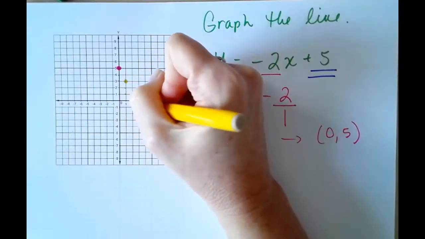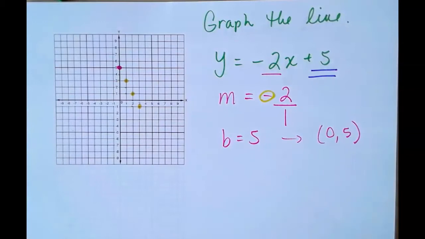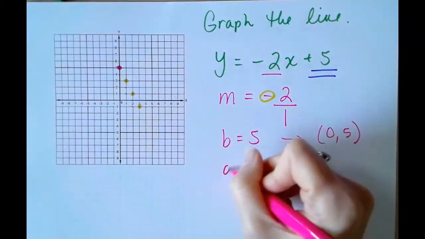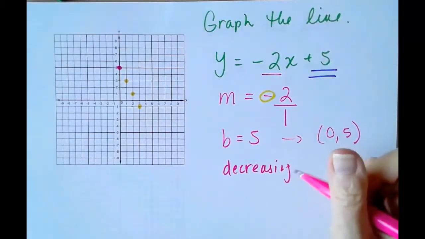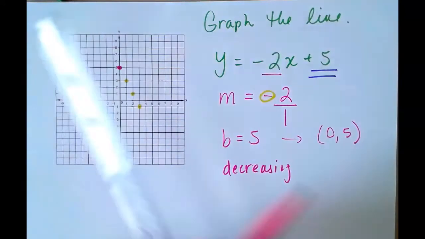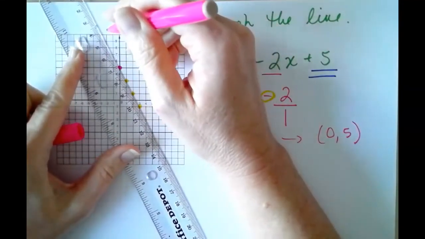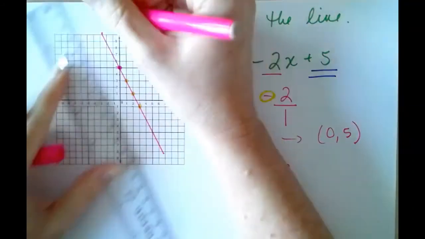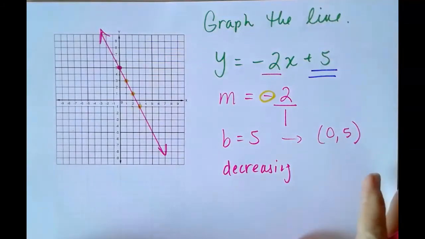Because our slope is negative, this continuous function will be decreasing. Remember, decreasing functions are falling from the left to the right. So here is what our function looks like. Continuous function, it has arrows on the end.